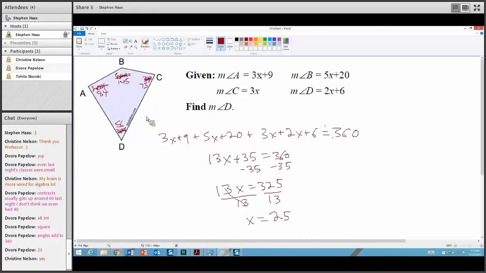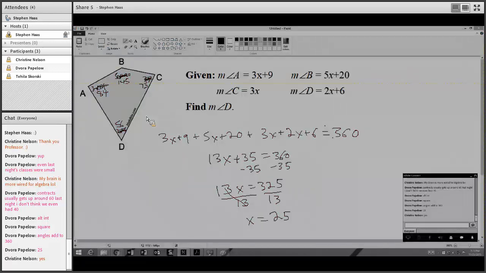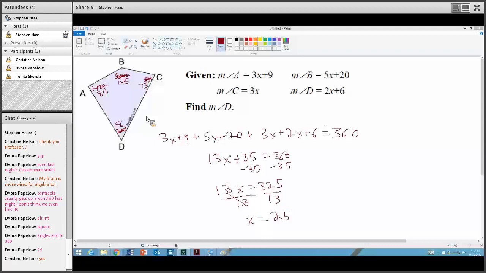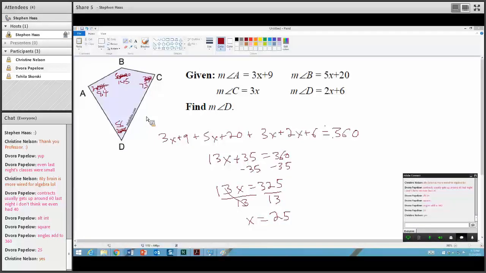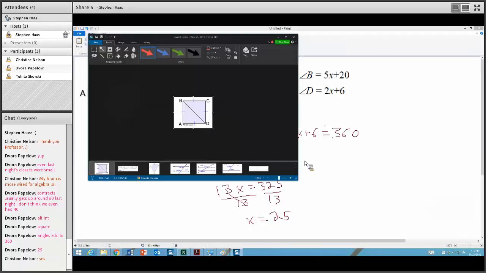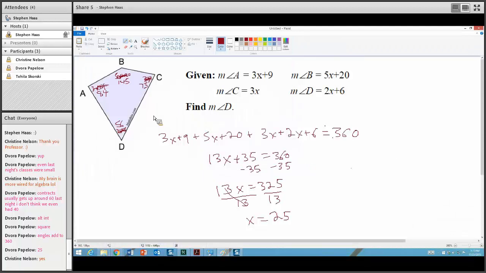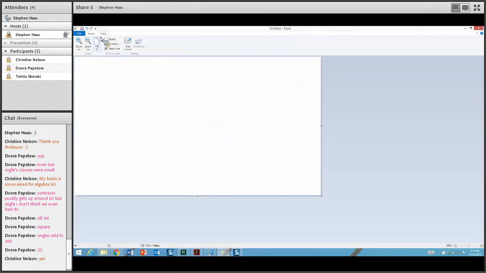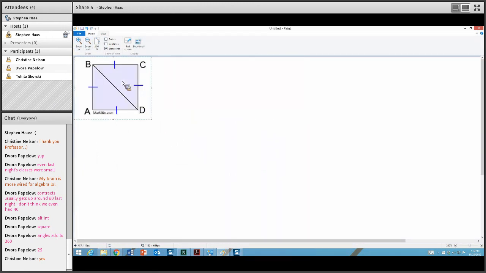All right. Let us take another one that is a little different, but also follows some of the rules that we've just discussed. Let's put that over here.